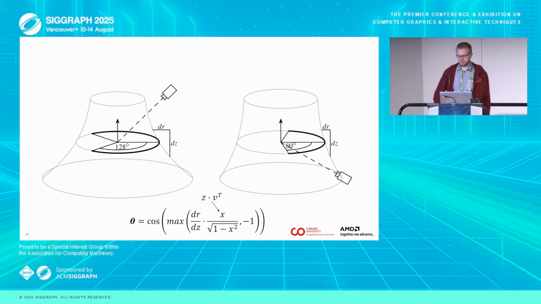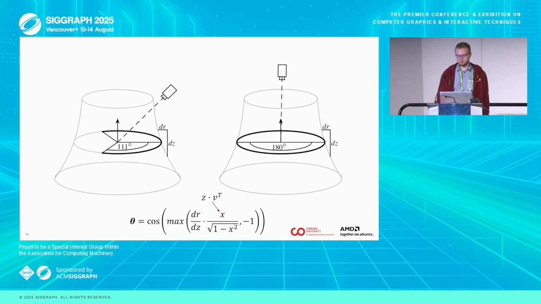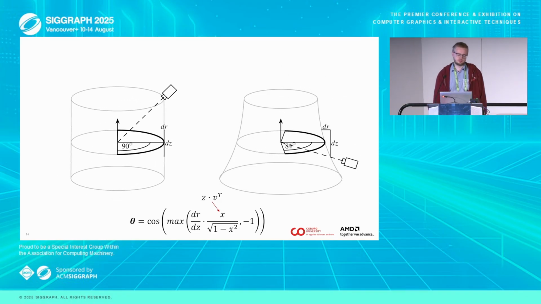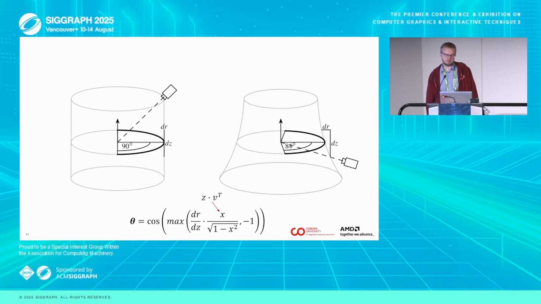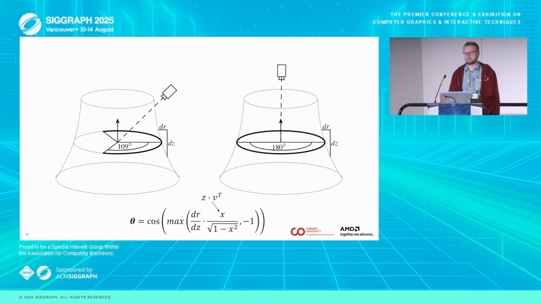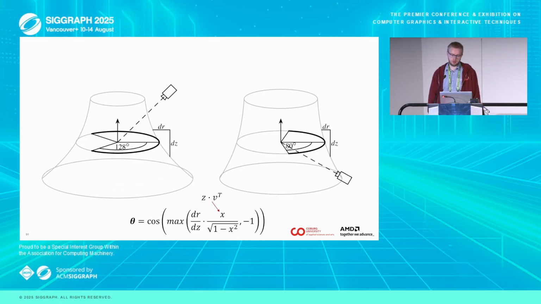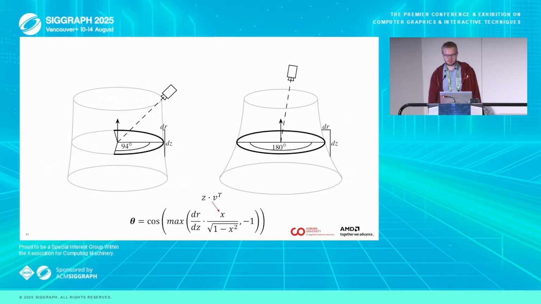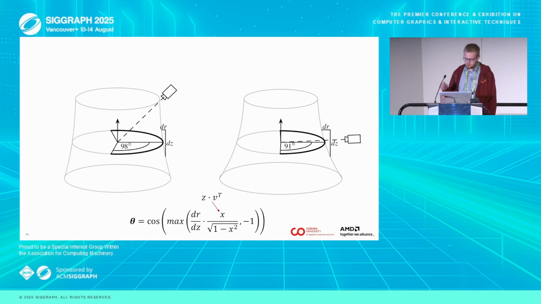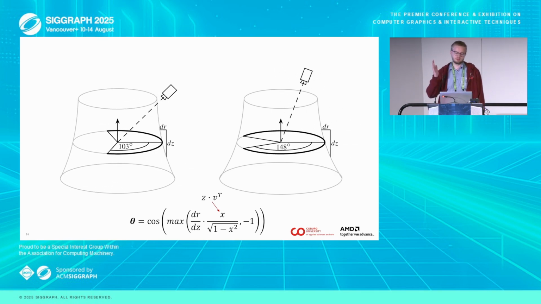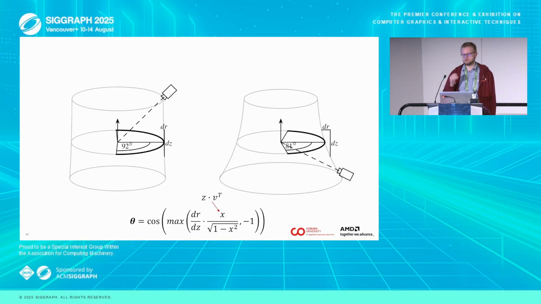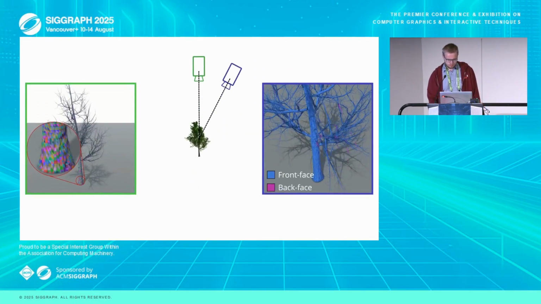For the tree generation, it's a little bit more complicated. So I said that we wanted to generate only the parts that are front-facing, so we wanted to avoid generating back-facing triangles. And for the tree stem, we did an analysis on which part of a tree stem points towards the camera, and we derived this formula down here. It's basically based on the radius derivative and the camera angle.